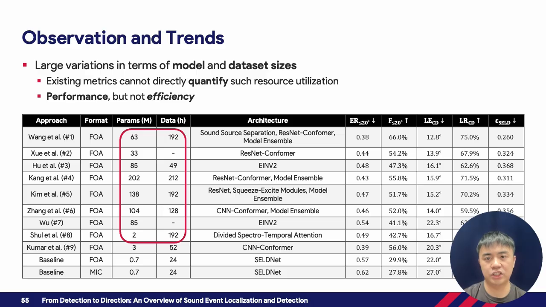More training resource utilization means we incur greater financial and environmental costs. Also, when we compare SELD systems that vary greatly in terms of training resource utilization, it becomes difficult for us to truly quantify the intrinsic effectiveness of each approach. So in other words, it is hard for us to say whether the method proposed is truly effective or merely a result of more training resource utilization.